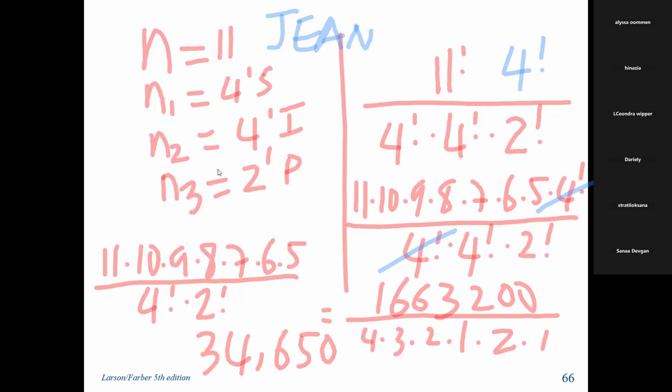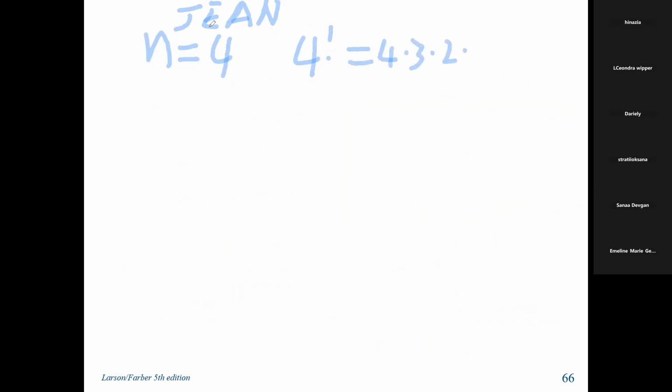Let me show you here. Jean, that would be 4 factorial. 4 factorial is 4 times 3 times 2 times 1. That's 24 different ways.